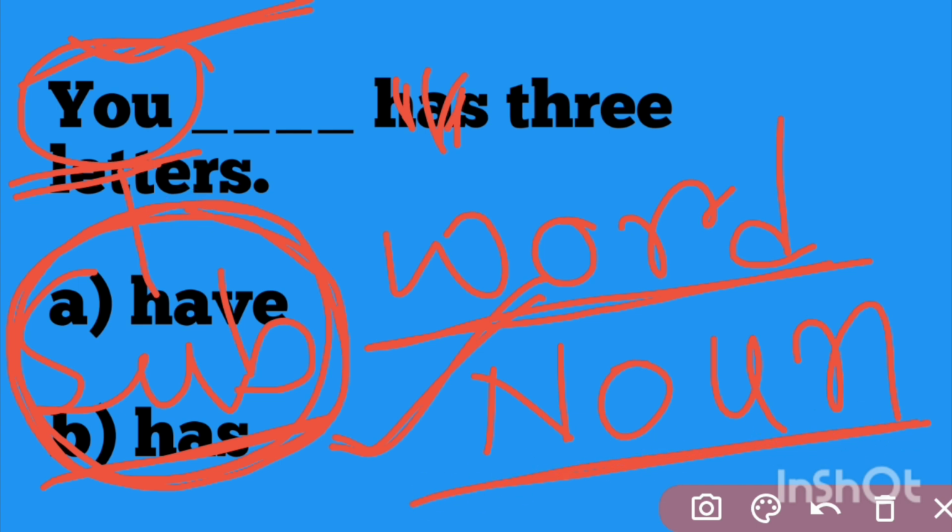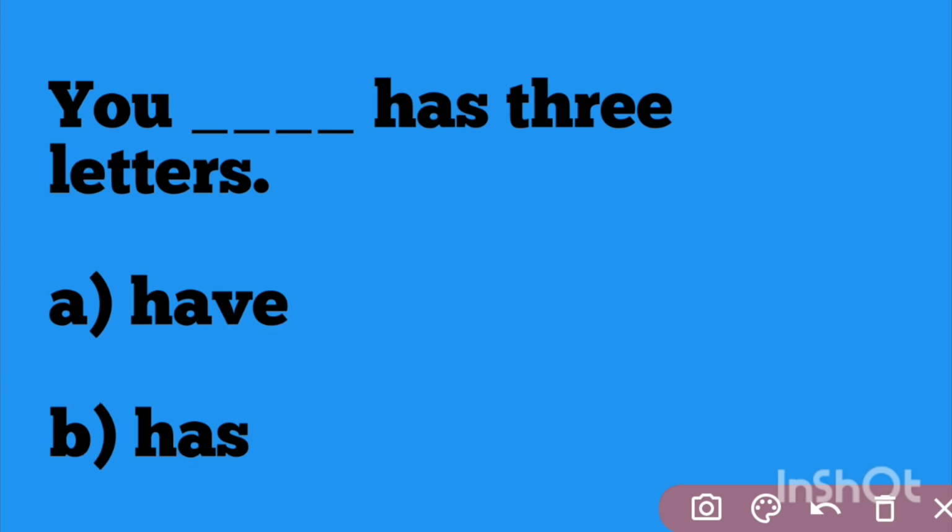So whenever it is used as a noun, we cannot use have, we have to use has. That means you has. Three letters: y is a letter, o is a letter, u is a letter. So there are three letters in the word you.